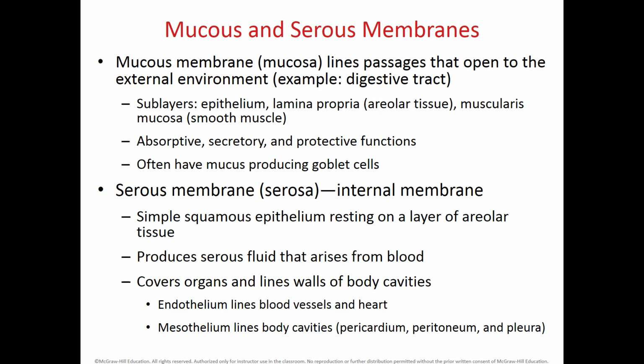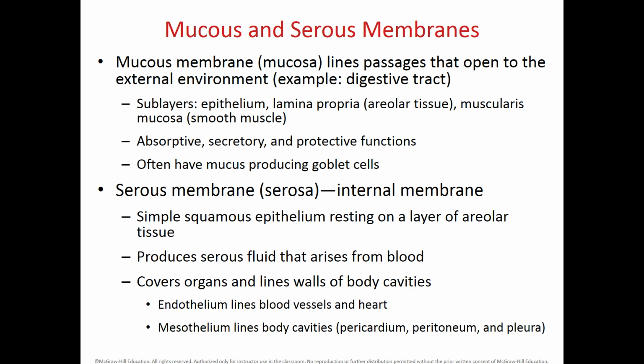And then in the mucous membranes, we have different layers. We have the epithelium, which is the most external. Then we have a lamina propria, which is beneath the epithelium, made out of areolar connective tissue. And then we have another layer that is made of smooth muscle that is called muscularis mucosa.